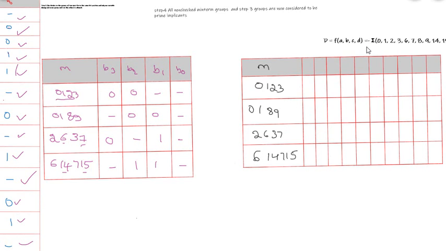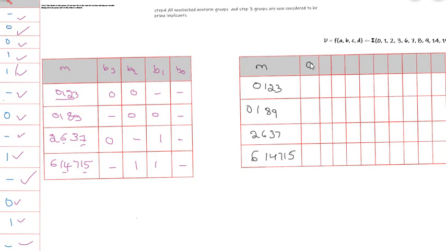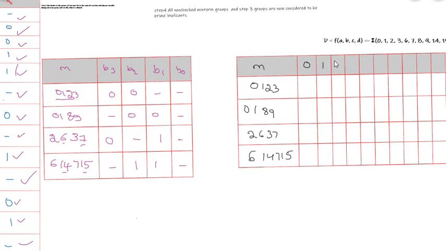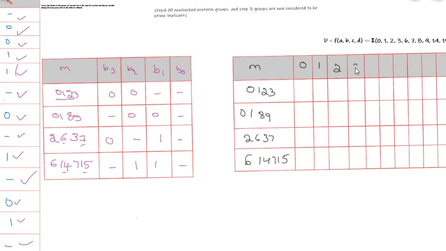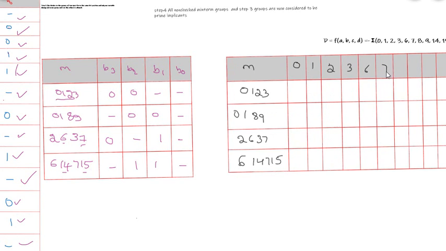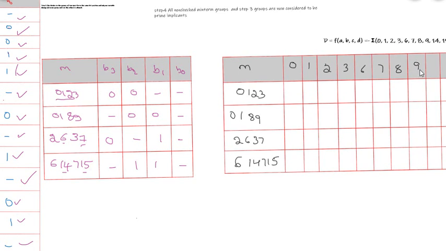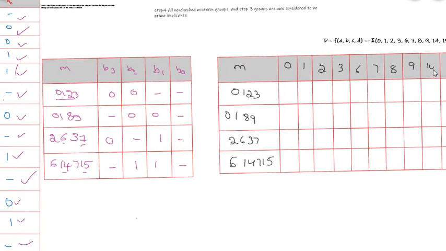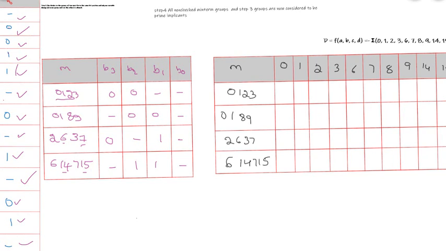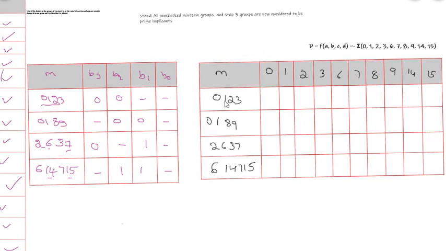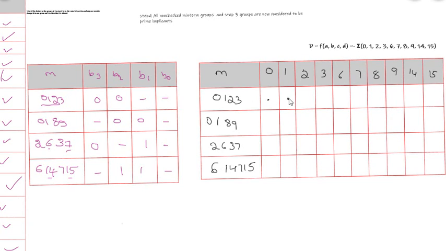Here we have to make columns according to the given problem. The given minterms are 0, so the first column is 0. Next is 1, then 2, 3, then 6, then 7, then 8, and 9, and then 14, then 15. In 0, 1, 2, 3, wherever 0 is present in this column, 0 is present here, 1 is present here, 2 and 3 are present here.